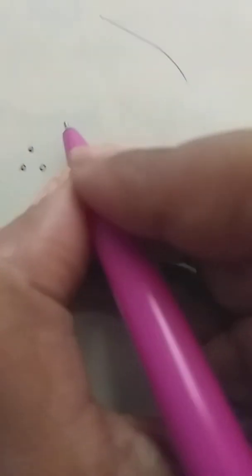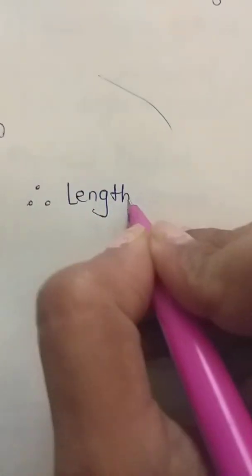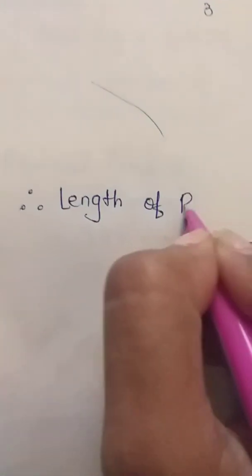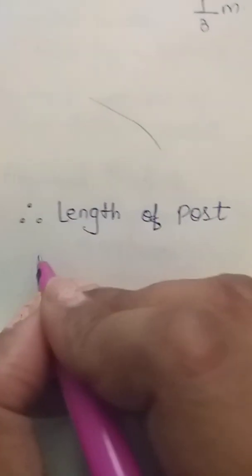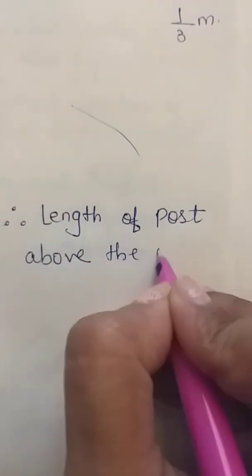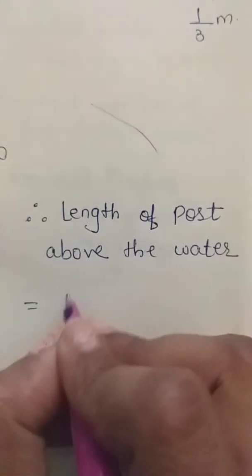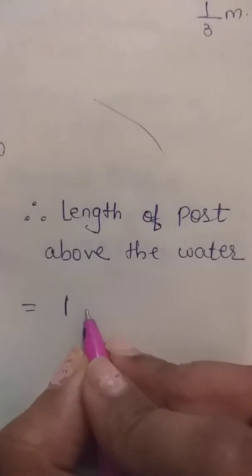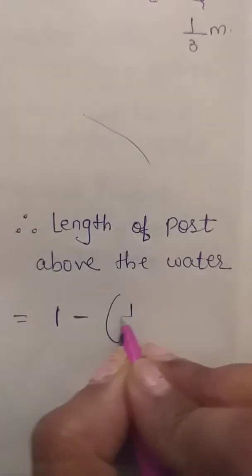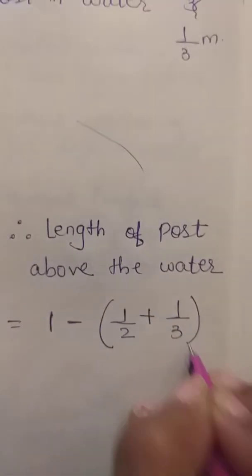Now we'll write next. So therefore, I'll write here, length of post above the water. That is, see, total length is 1. From that 1, the 1/2 plus 1/3 is in mud and water.